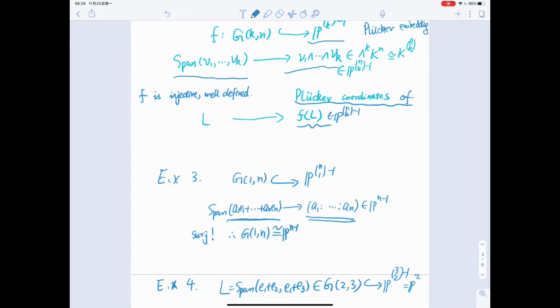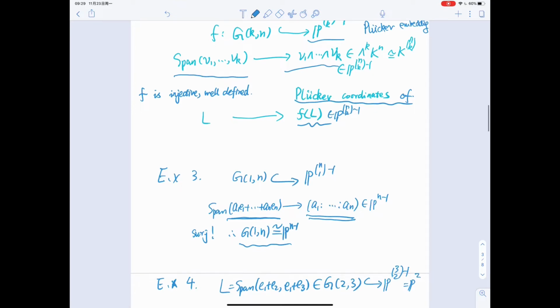Then we see that G(1,n) is isomorphic to P^(n-1).